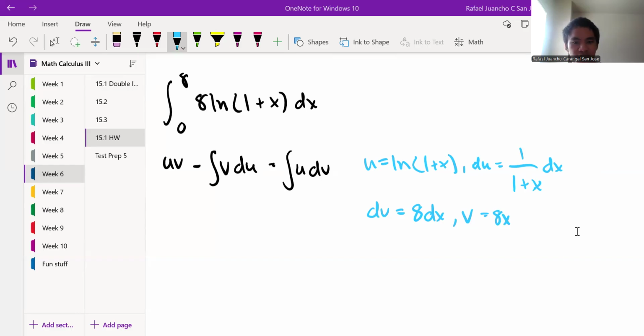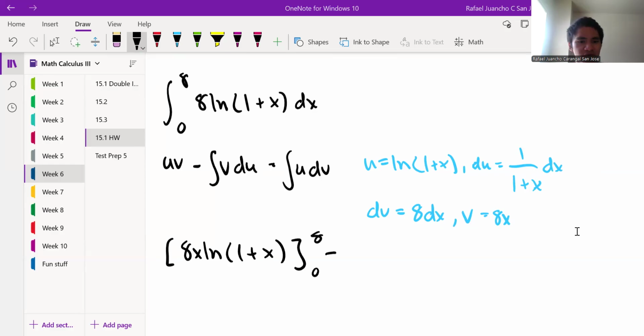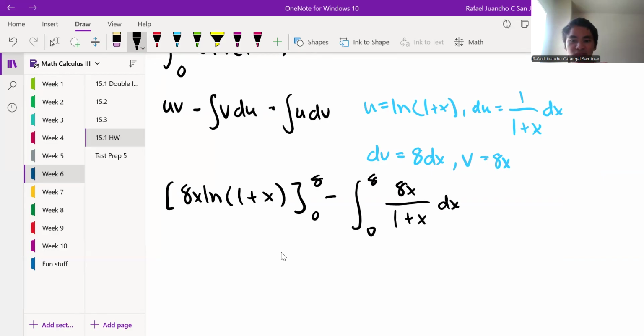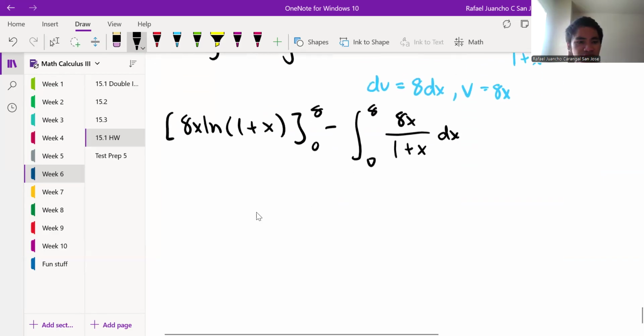Okay, so I basically get uv, so 8x ln 1 plus x from 0 to 8 minus my integral from 0 to 8 of u dv. Oh, v du, my bad. So v is 8x times this, so 8x over 1 plus x dx. There we go. And now we can evaluate this.